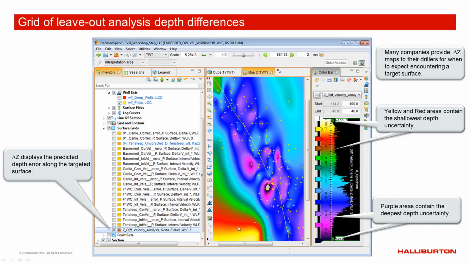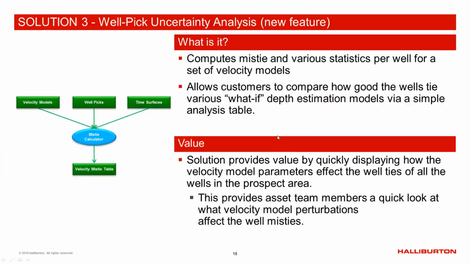And this says, you're most likely going to be 100 feet negative in this area if you're drilling. Over here, you might be 40 feet positive. So it really helps the drillers, and a lot of clients use this quite a bit from Express, and now we can use this in decision space velocity modeling.